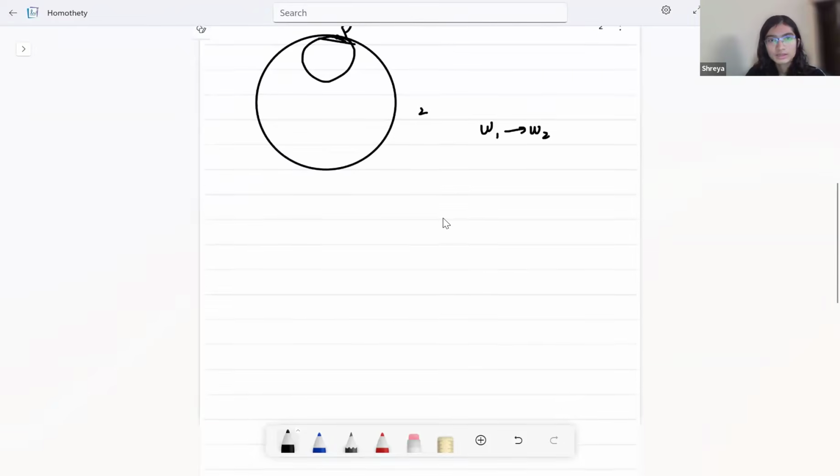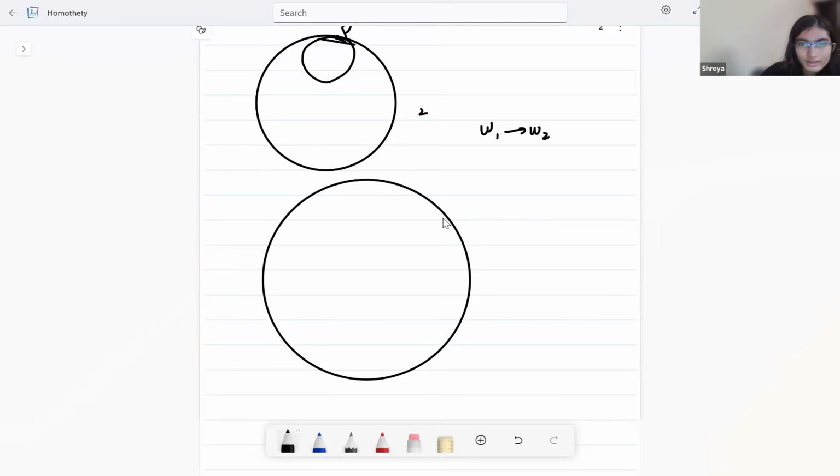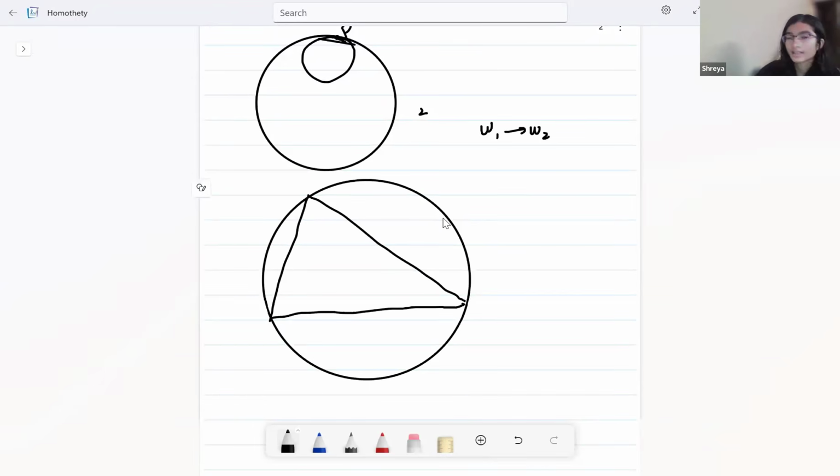So now we can use homothety to prove some basic things. So first let's prove the 9-point circle. I mean, we'll only prove 6 points because the other three are not that great, but they also follow directly.